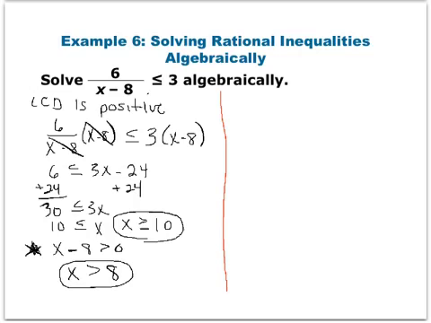So for case 1, the LCD is positive. The solution must satisfy x greater than or equal to 10, and x greater than 8. So we have to simplify that, which I always do with a number line. So I'm going to draw a little number line.